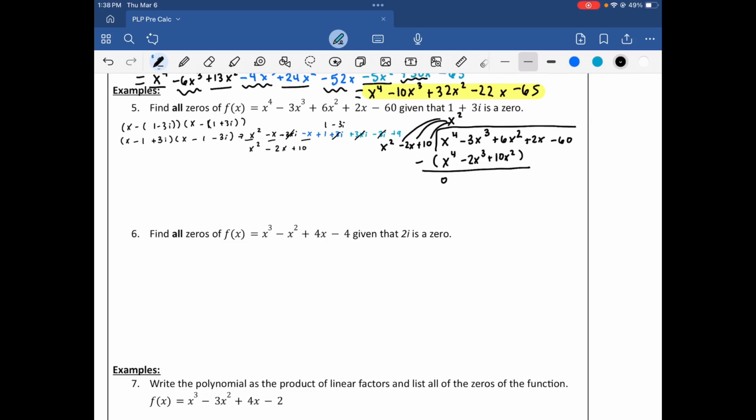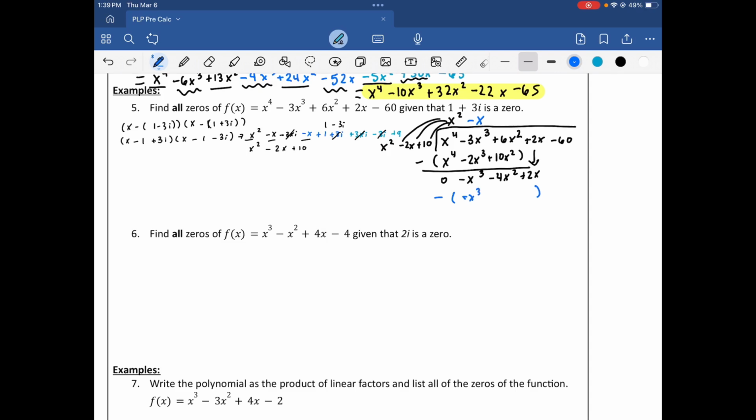And then we've got negative 3x cubed plus 2x cubed, which gives us negative x cubed. Then we've got 6x squared minus 10x squared, which gives us negative 4x squared. And then I'm going to drop my 2x. And I'm going to repeat. So I'm going to take my negative x cubed divided by x squared, which gives me a negative x. And then I'm going to take that negative x and multiply it through every piece of what we were dividing by.